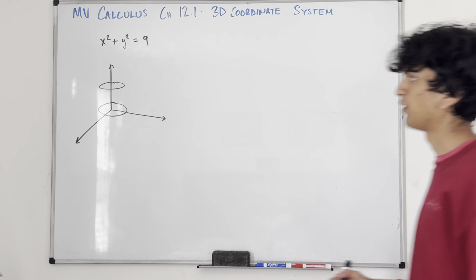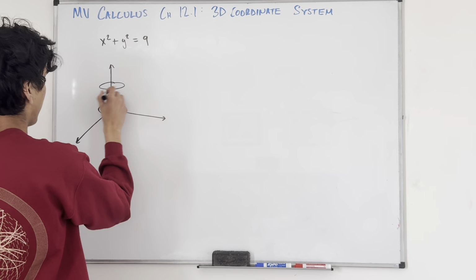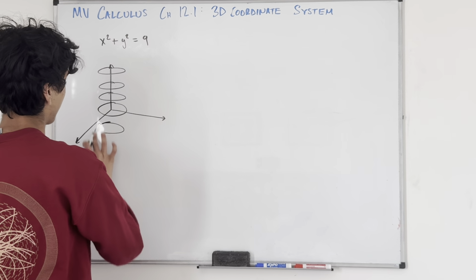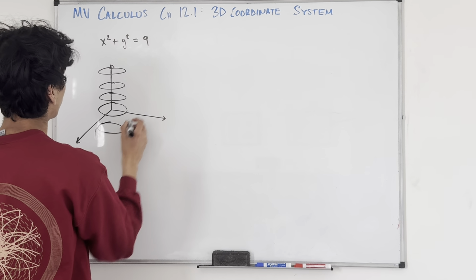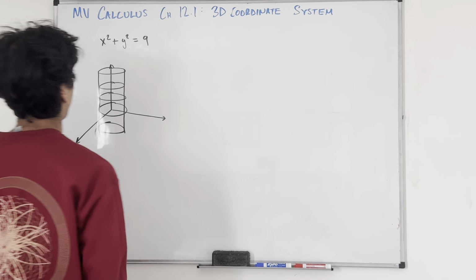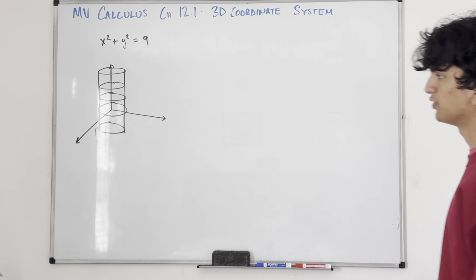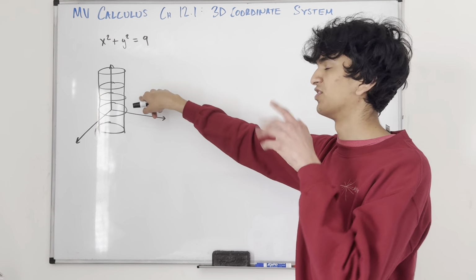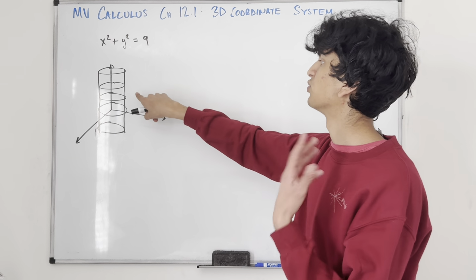If I draw the same circle for every value of z, what does it look like it's forming? This is really forming a cylinder. For every point on this cylinder, the square of x plus the square of y equals 9.